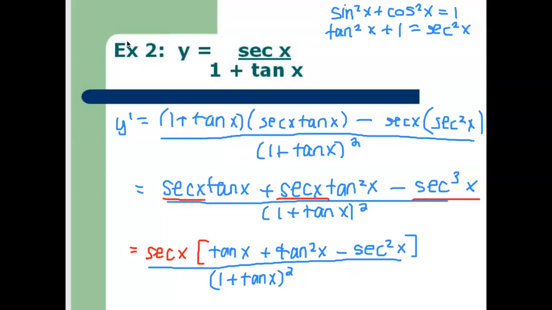So that's not the same as the denominator, so be careful. You can, however, say that tan squared minus secant squared is equal to negative 1.